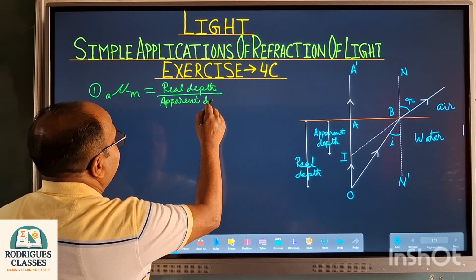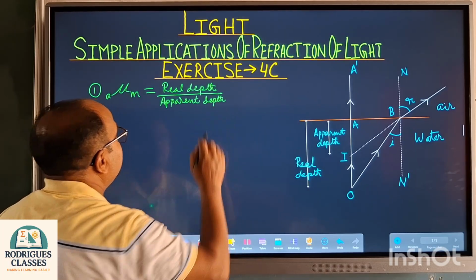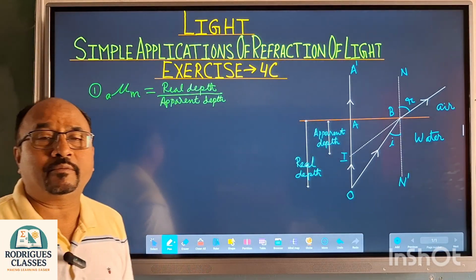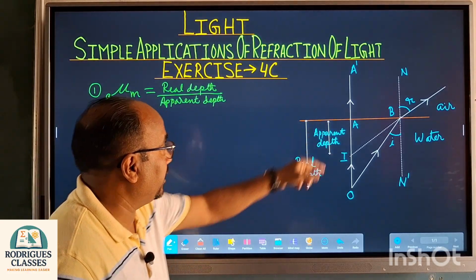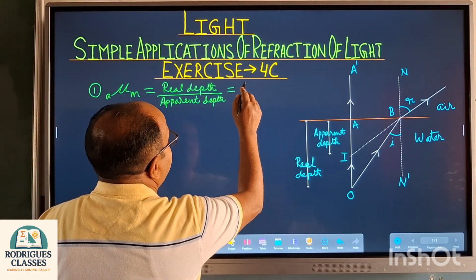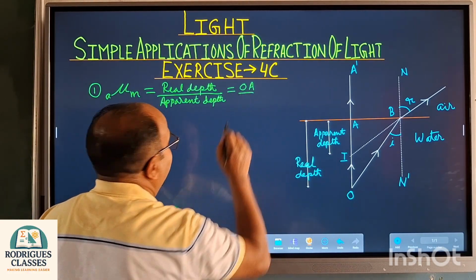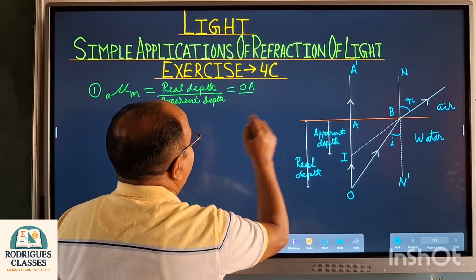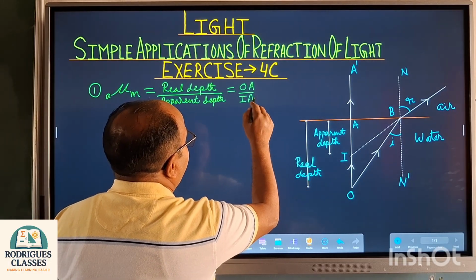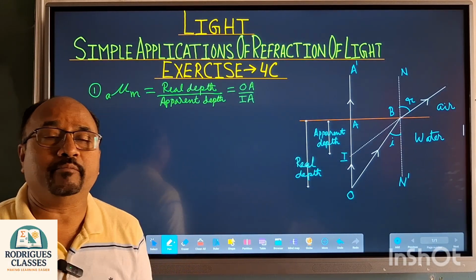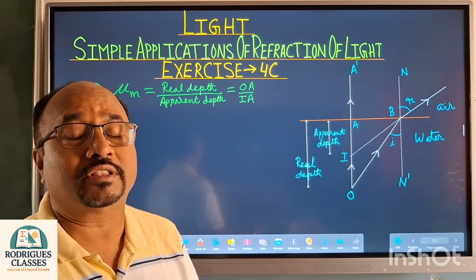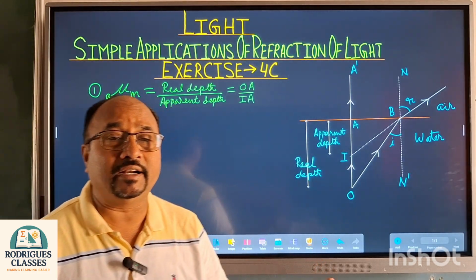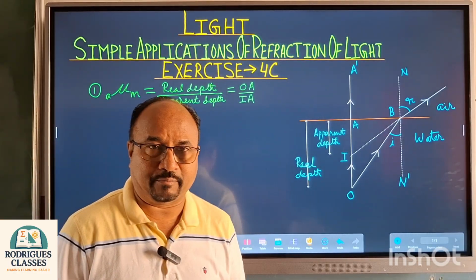So the refractive index here is the real depth divided by the apparent depth. What is the real depth here? OA. So I can write this as OA, and the apparent depth is IA. So this is the first relationship which you need to remember: the refractive index of the medium with respect to air, or the denser medium, is the real depth by the apparent depth.